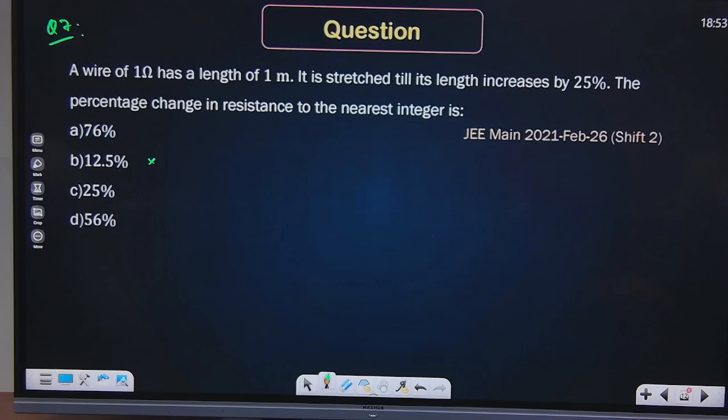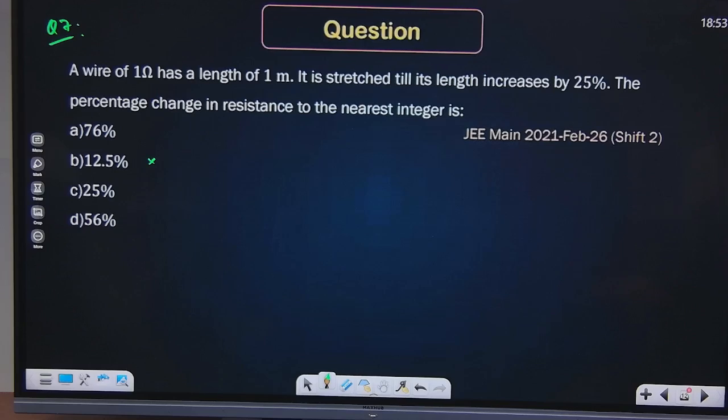Change in percentage, I don't know. No. 100. Not this? I got it. L is... Oh.